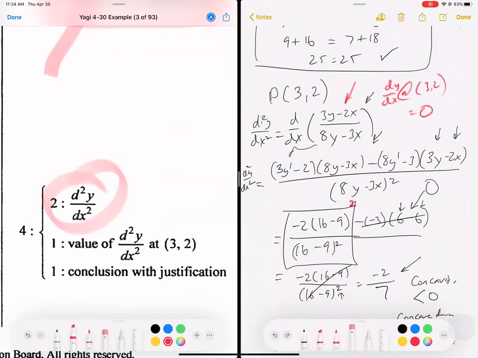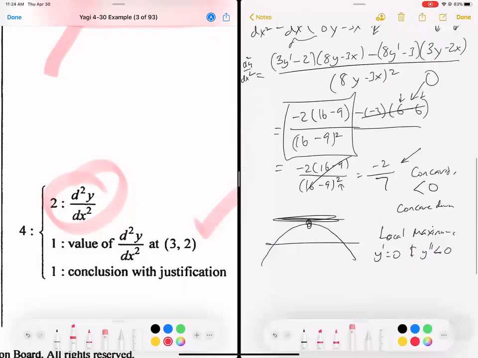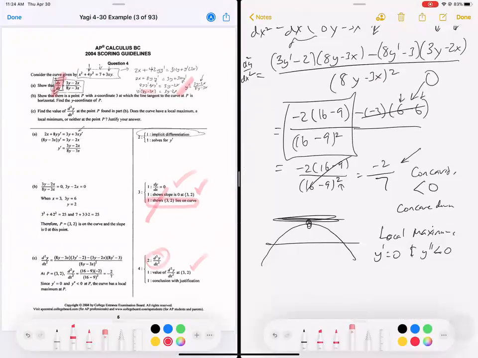And then once you plug in the value of that second derivative, you got another point for it. And then the last part is our conclusion, whether it's a maximum or minimum.